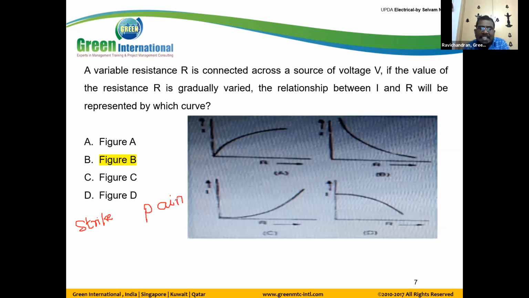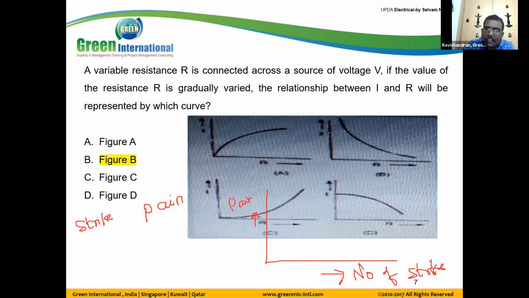If the stick is hit, the pain is always proportional to the number of strokes. So always in the x-axis we have the number of strokes. In the y-axis we have the pain. Without the stick, we wouldn't have pain.